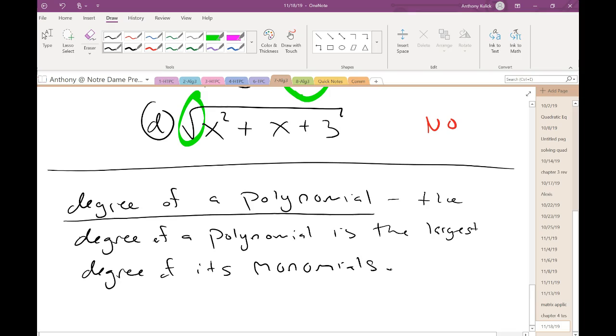So the degree of a polynomial is the largest degree of its monomials.